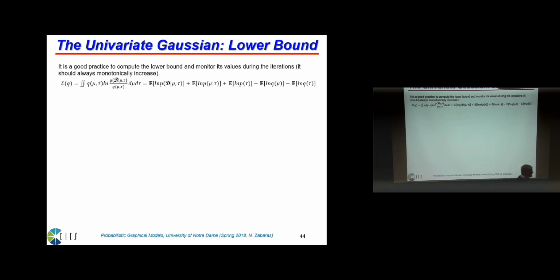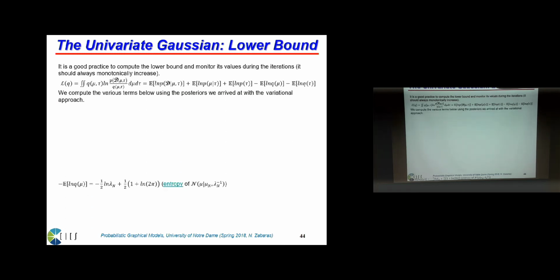All right, so what you need to do is go and compute all of these terms. It looks like a massive task, and this is only a univariate Gaussian, so you should be able to live with it. Okay, so let's pick up the easy terms. If you take log of Q of mu, what type of distribution did we say Q of mu is? It came to be a Gaussian, this Gaussian here, right?